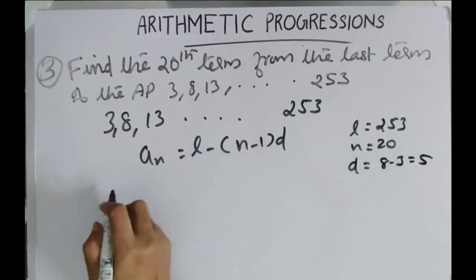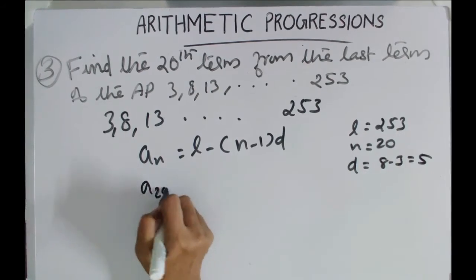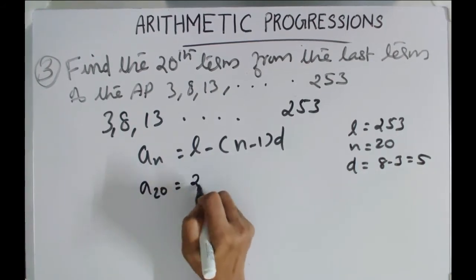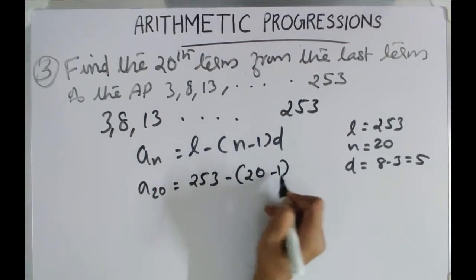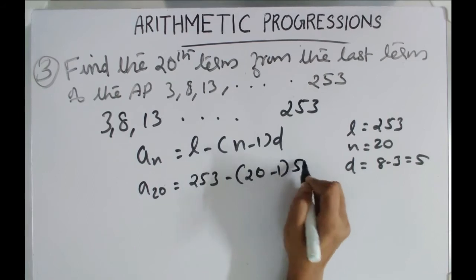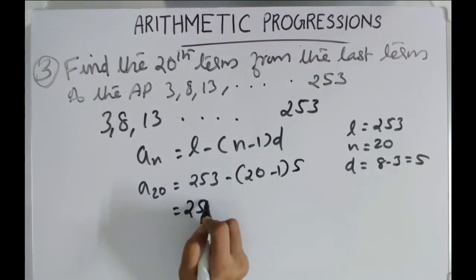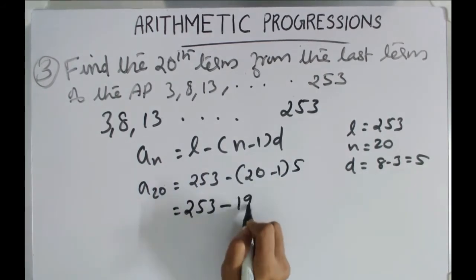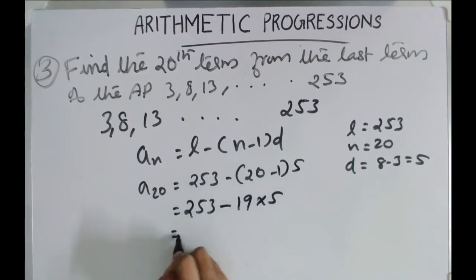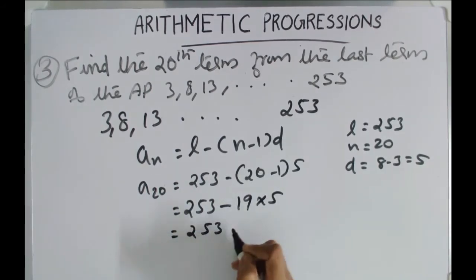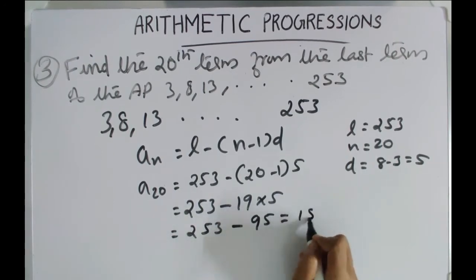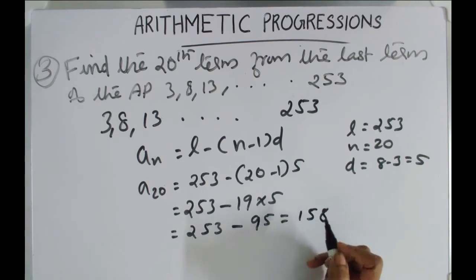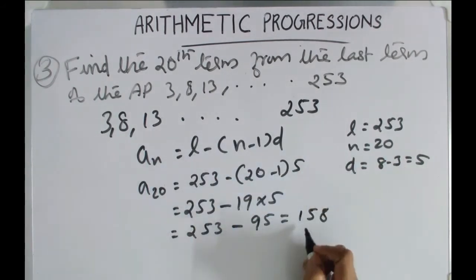Then substituting these values, we get A20 equals 253 minus (20 minus 1) into 5, that is 253 minus 19 into 5, that is 253 minus 95 equals 158. Then the 20th term from the last term is 158.